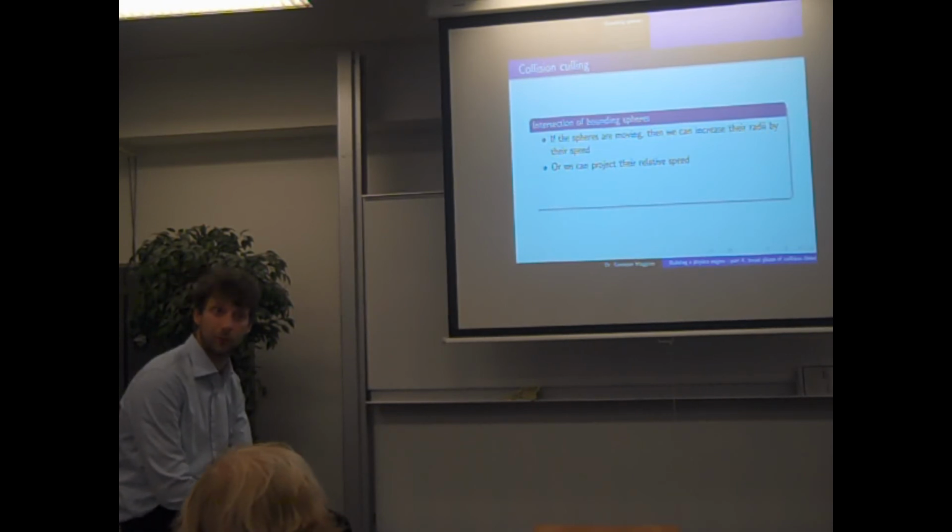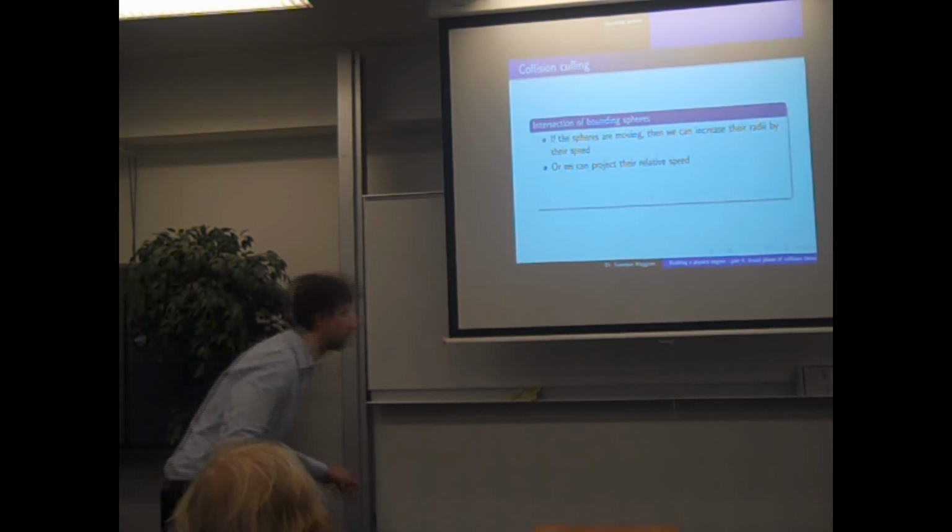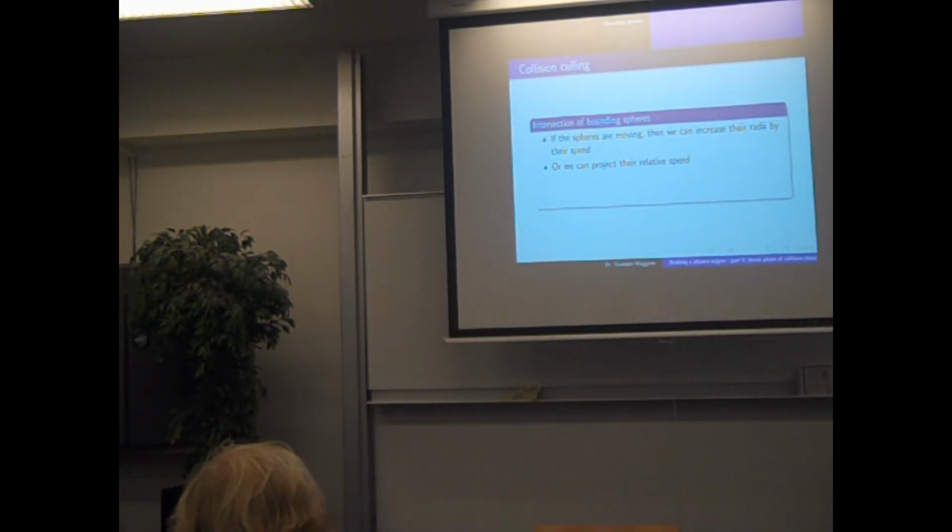It depends on the speed, of course. But so, is the increase going to be bigger for objects that are going towards one another, or if one object is going away from the other? In which case is the collision more likely? So in which case is the radius that we check against going to be bigger?